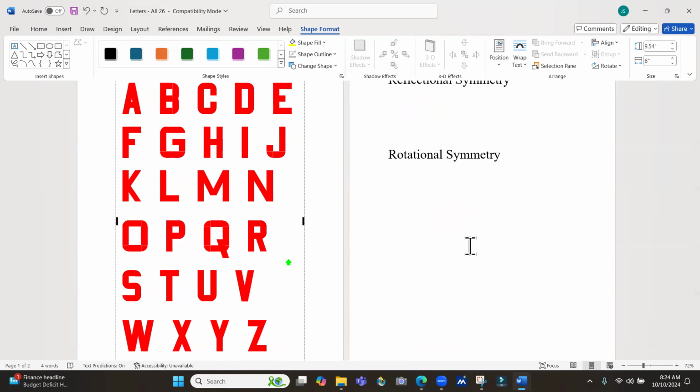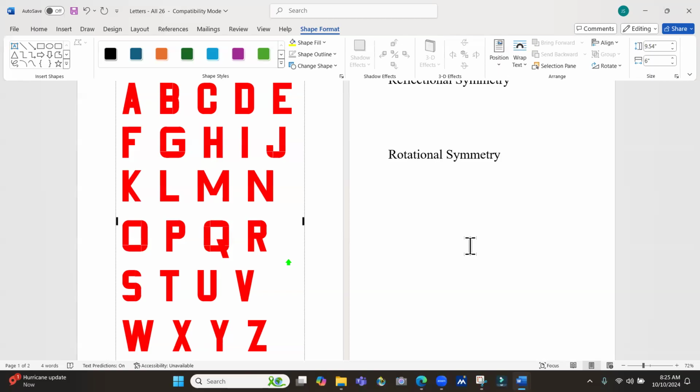One more. Give me one more. There are tons of letters. Give me one letter that doesn't have a reflectional or rotational symmetry. How about F? You cannot draw a line so that the two halves will be mirror image. And F is one such letter.